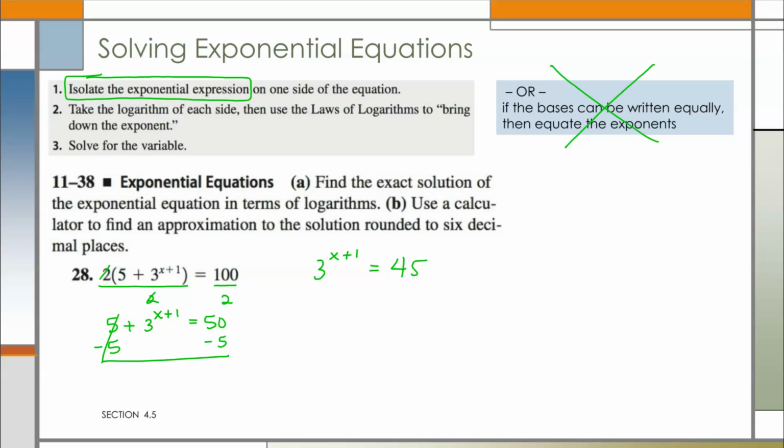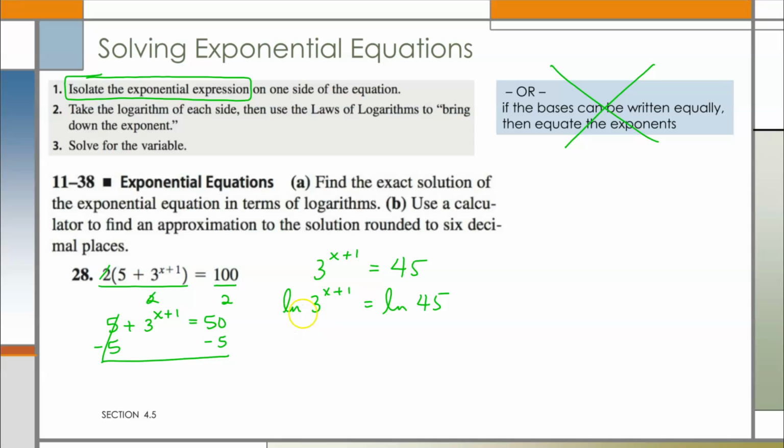Okay, now we need a decimal, so we're not going to log base 3 both sides. We'll ln both sides or log both sides, depending if you want to work base e or base 10. I'm going to ln both sides. Okay, ln and the 3 do not cancel out.